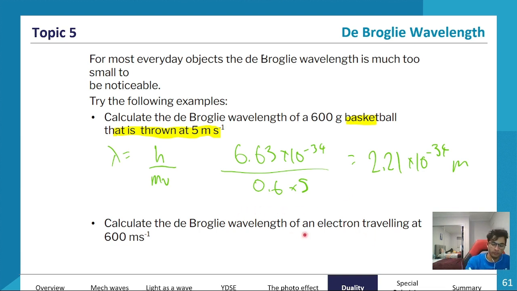And when you do that, you get a wavelength of 1.21 times 10 to the negative 6 meters. Well, yes, it's small. This is in the range of micrometers, and we can actually do things at this size, but 10 to the negative 34 is just too small. And that's why we can create diffraction patterns with electrons.